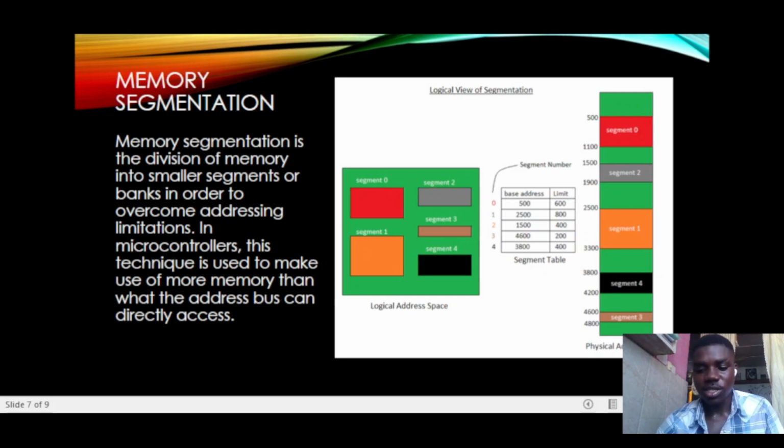The address limitation is maybe, instead of the hard disk just being there like that, the CPU would just be writing instructions to it, just filling it up. It will be better when there's more of an organization.